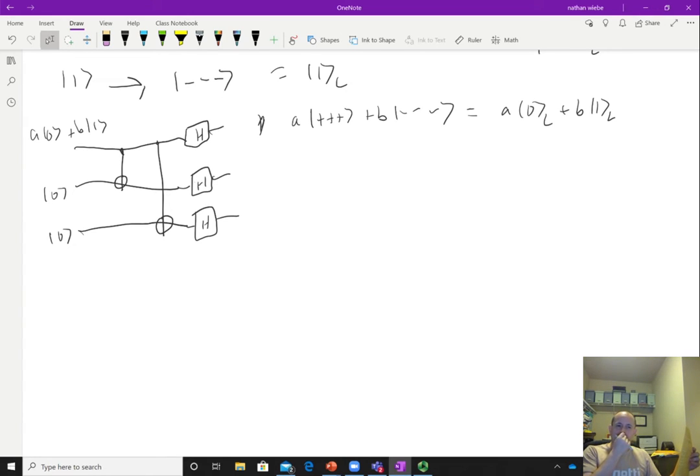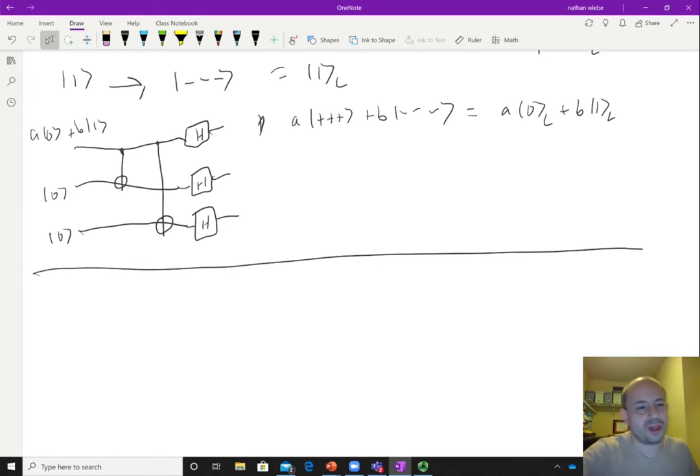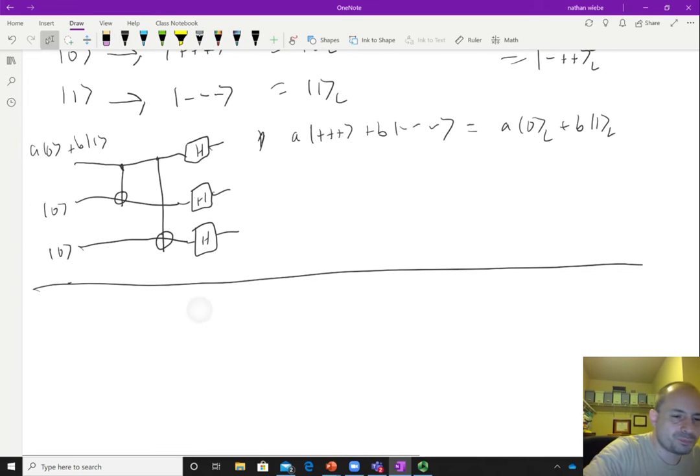The way that we're going to do this in general is by concatenating the bit flip with a phase flip code. By nesting them together, we're going to come up with a code that can detect and correct both a phase flip and a bit flip, at the price of requiring 9 rather than 3 quantum bits. The first person to come up with this was Peter Shor, and this is known as a Shor code.